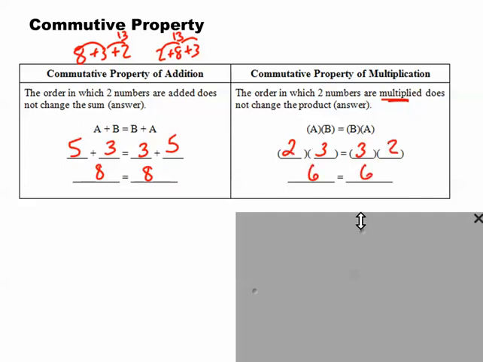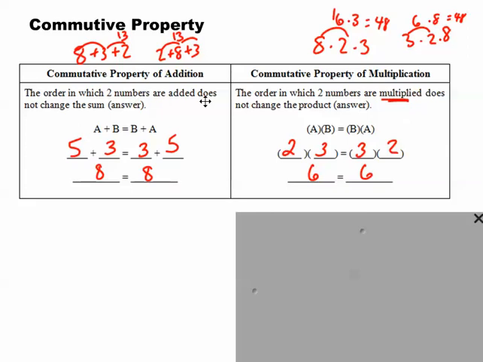is also 6. Right? Again, it does not matter, even if I have multiple numbers. Let's say 8 times 2 times 3, or 3 times 2 times 8. This is 6 times 8, which is going to give me 48, and this is 16 times 3, which is still going to give me 48.